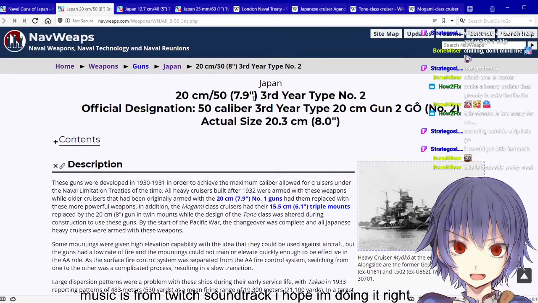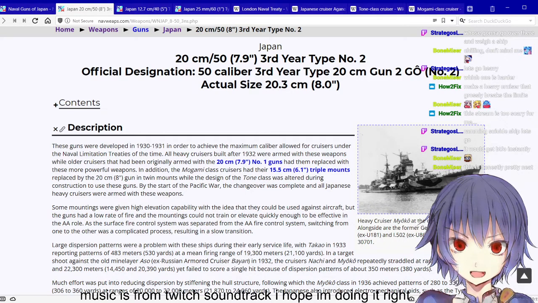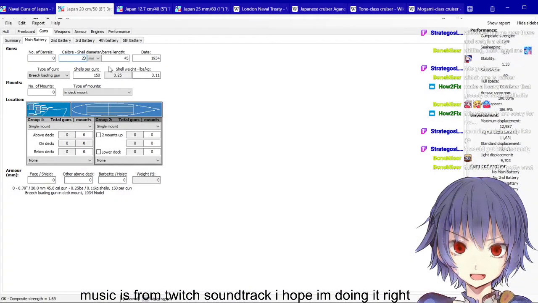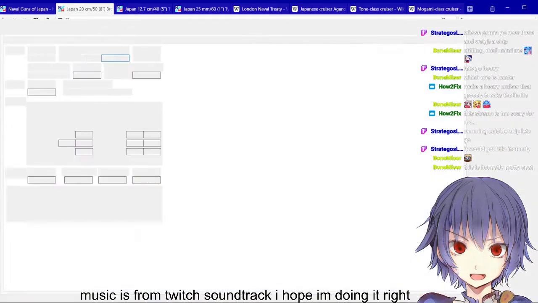The first one is a 20 centimeter / 50 third year type number 3, which is 203 millimeters. So we're going to enter SpringSharp, and we're going to type in 203 and 50. The year of design for this gun is 1930. Whoa, SpringSharp has bugged out a little.